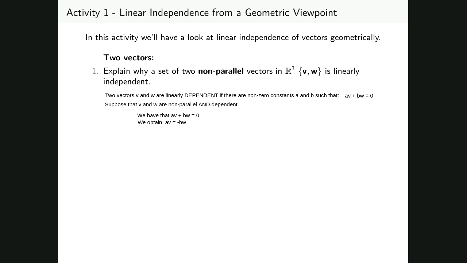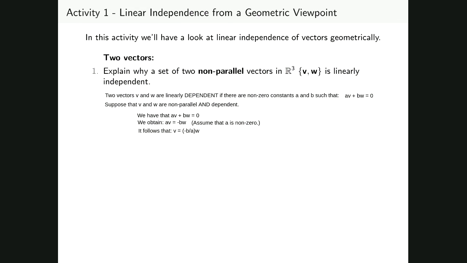Okay, so assume that A is the non-zero one, right? One of these two numbers has to be non-zero. So we're gonna assume that it's A. Okay, so then we can rearrange.